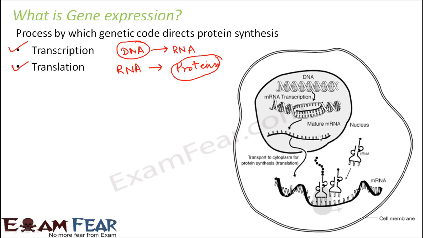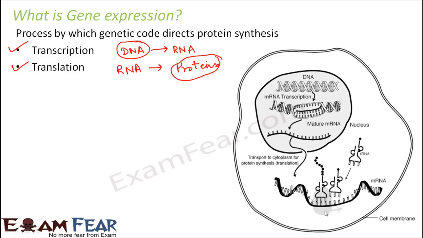To convert this RNA into mature mRNA, several processes like RNA splicing take place, and this mature mRNA finally comes out of the nucleus into the cytoplasm, where you can see the mRNA.